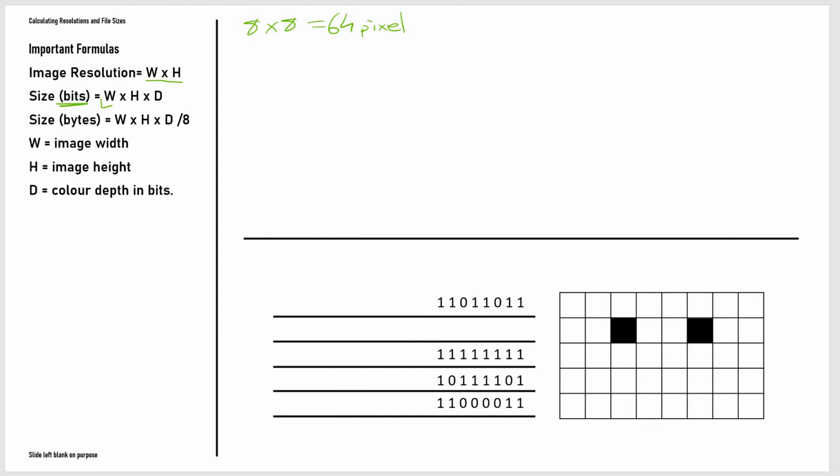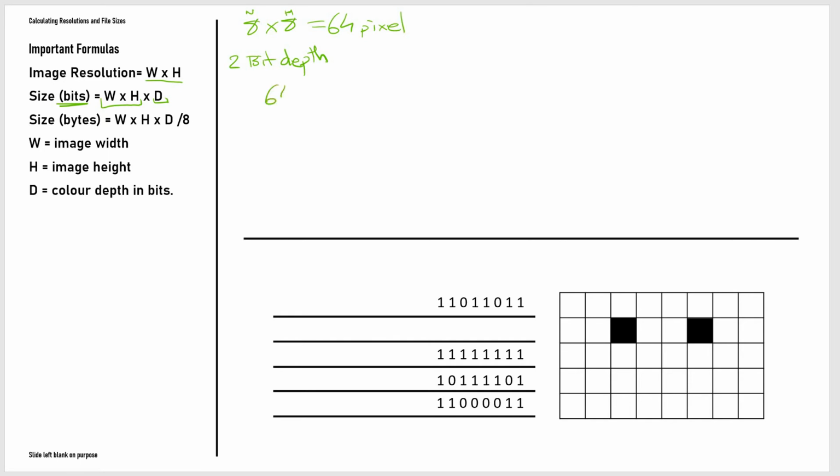You multiply the width and the height, and then you multiply that by the color depth as well. So for example, if we're using in this same image 2-bit depth, then we already have the width times height.